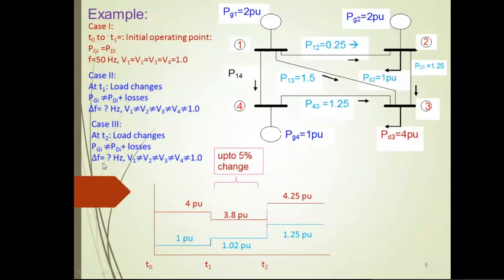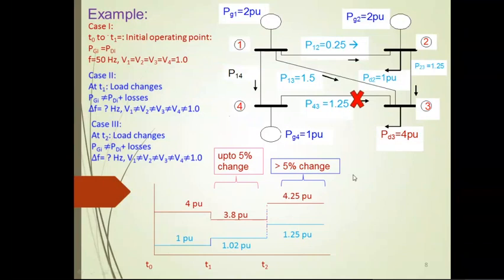Now, what will be the frequency deviation here? And again, it is obvious that the voltage at these buses will not be exactly 1 per unit. If you have this form of disturbance that is greater than a 5% change from the initial point, we can refer to the first as a small disturbance, and this one as a large disturbance.